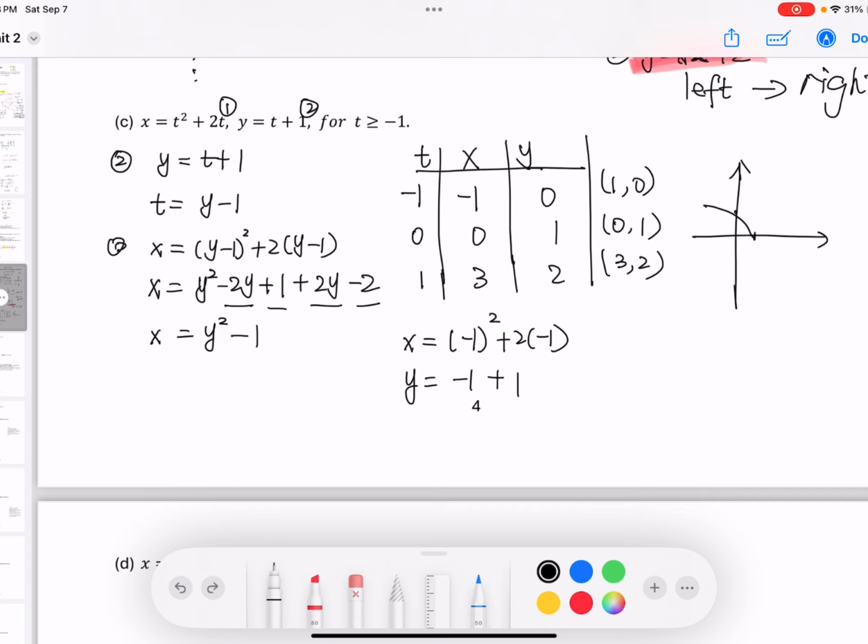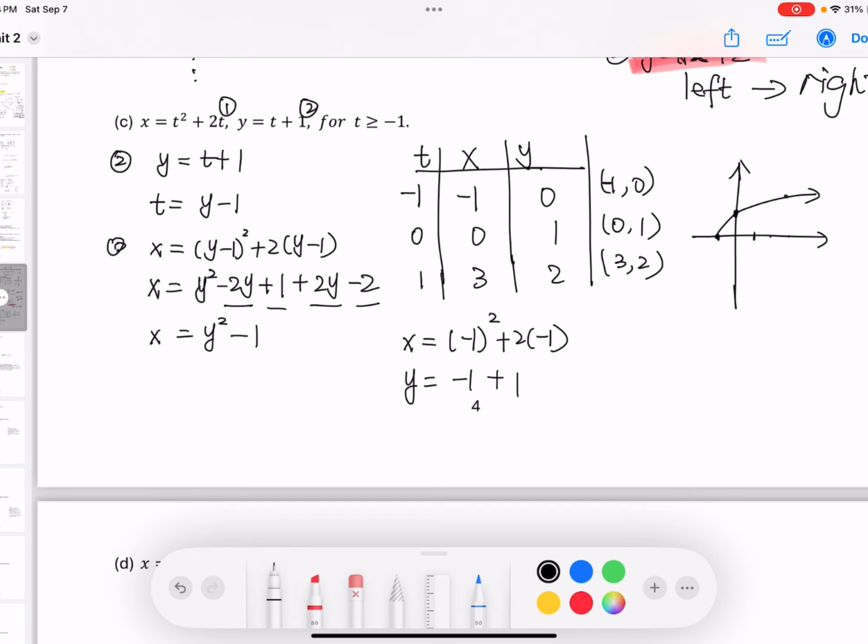That's so weird because I copied something wrong. So here is -1. I have positive 1 here. Let's get our first point, -1, comma 0. So -1, comma 0 here, 0, comma 1 here, and then 3, comma 2 is here. Yes, looks much better.